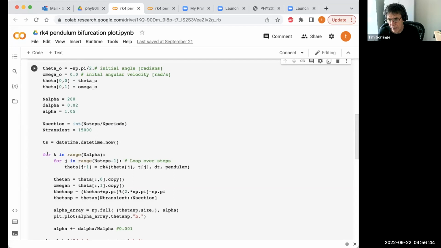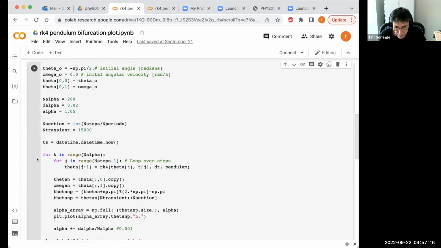I had nested for loops in my code: firstly, a loop associated with evaluating the solution to the differential equation, where I walk through the time coordinates. And then a new loop where I vary the value of the driving force to explore that axis of the damp-driven pendulum.